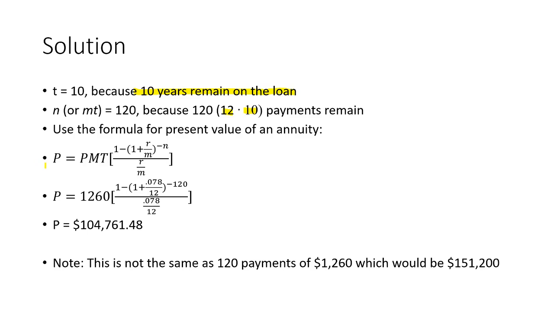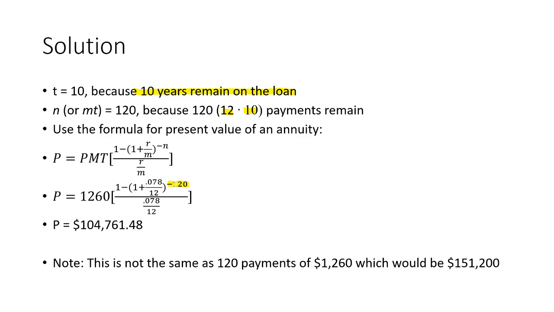We'll use the formula to find the present value of an annuity, which is P, or PV, equals the payment times this lovely plethora of symbols. When we plug in our values and we do all of this, we get $104,761.48.